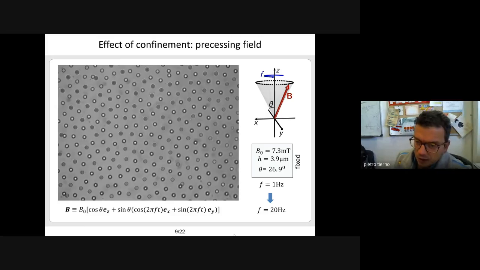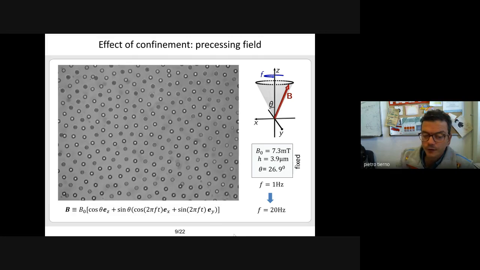First of all, let me tell you that this type of lattice is not so easy to achieve via colloids that interact by simple isotropic electrostatic interaction. That's because this won't be the natural arrangement. And also, the system, of course, is driven by this precessing field.